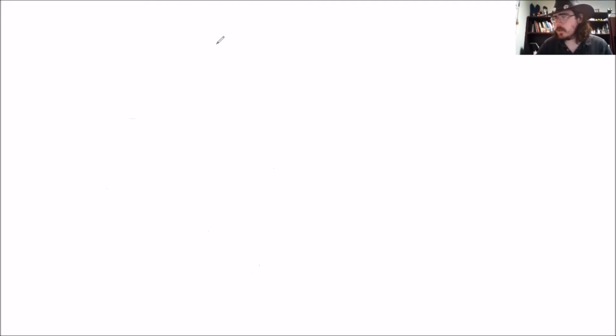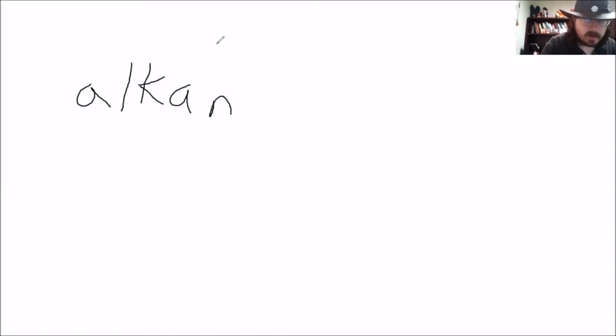So the first thing we need to do, before we talk about the reactions, is how do we name these? Once again, we're changing the ending of our alkane with the E ending. Remember, with the alcohol, we remove the E and it becomes alkanol, like methanol, hexanol.